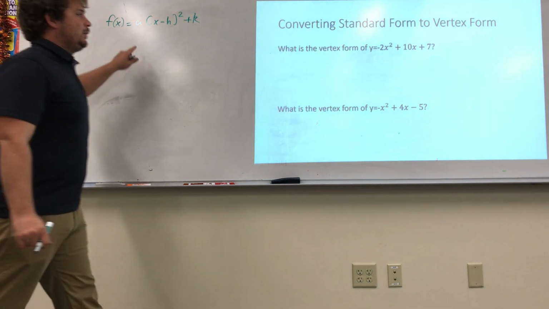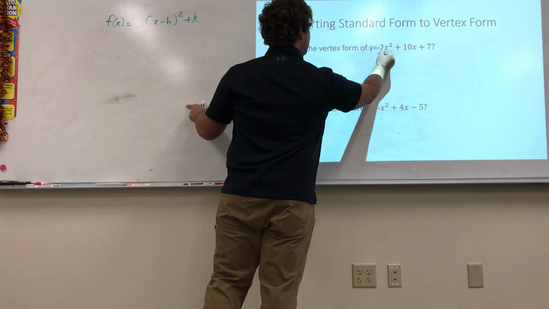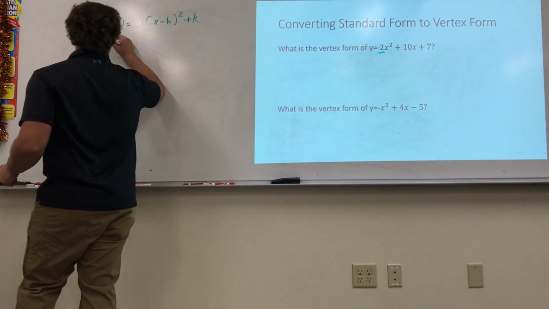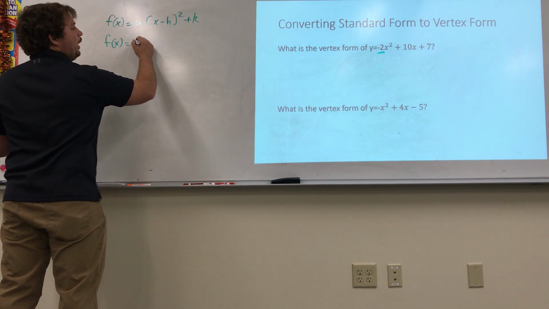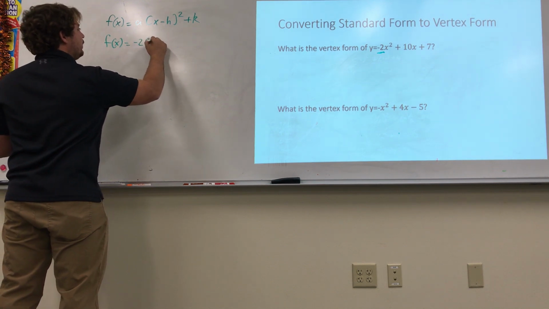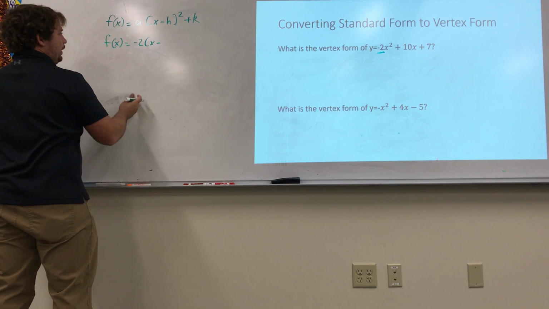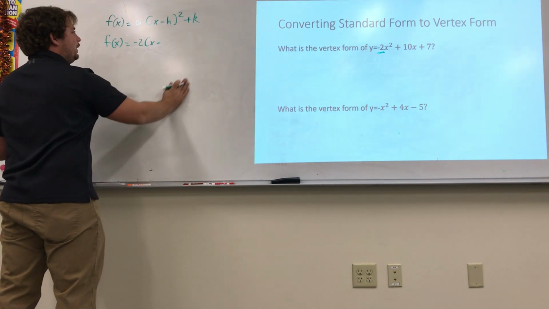A is always going to be just like this a. So we're going to have f of x equals a, which is -2, times parenthesis x minus. Now we need to find our h and k.